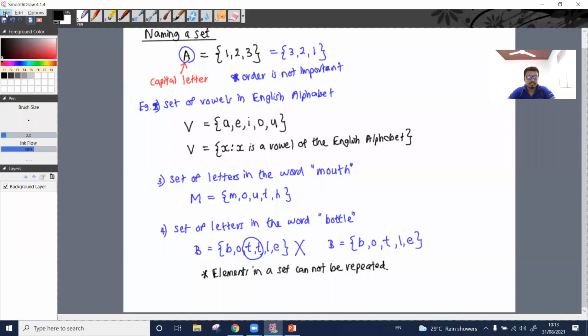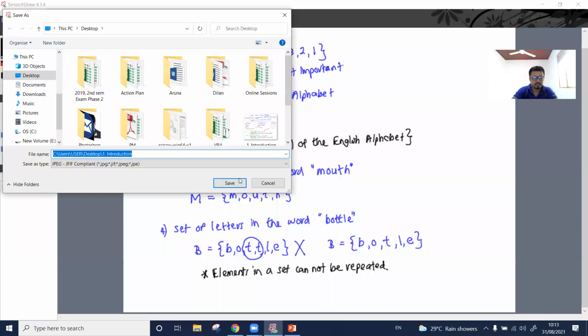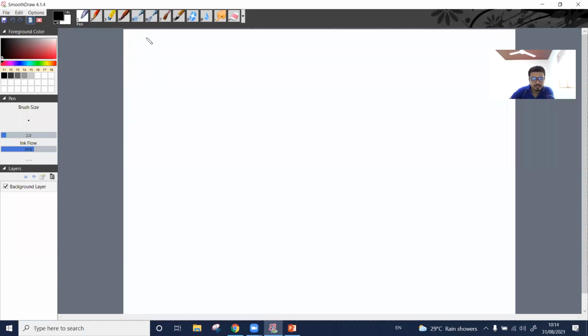Then, types of sets. There are two main types of sets.